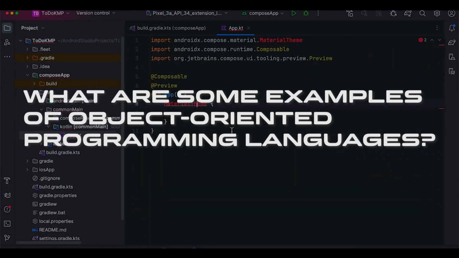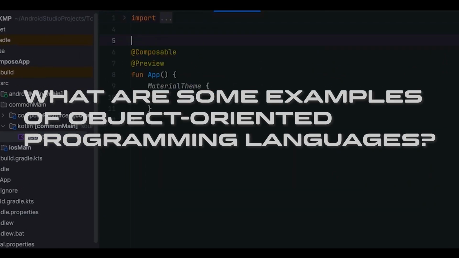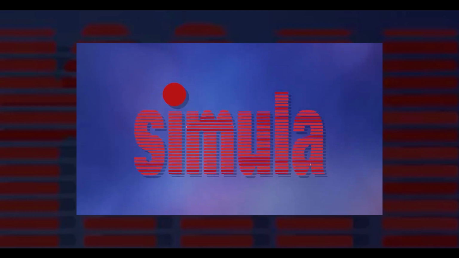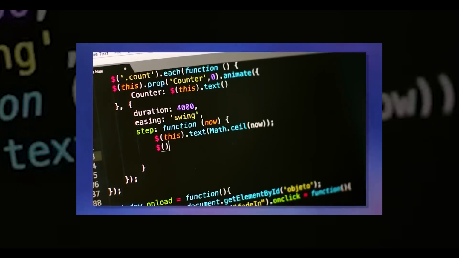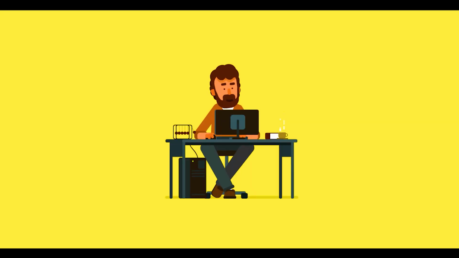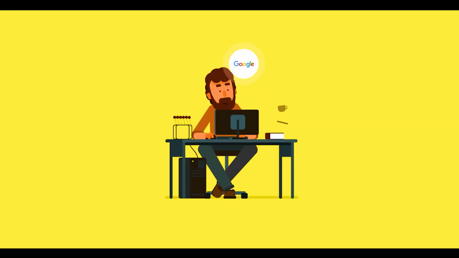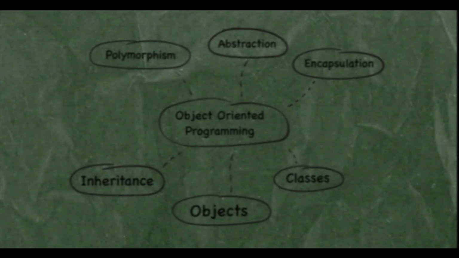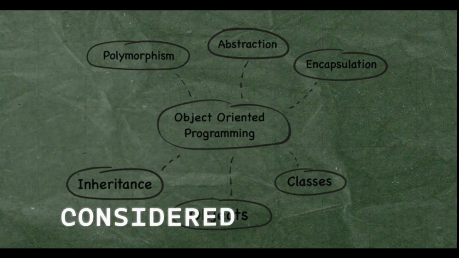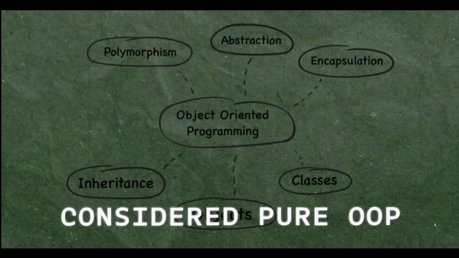What are some examples of object-oriented programming languages? Although Simula is considered the first object-oriented programming language, OOP, many other languages use OOP today. However, some programming languages combine with OOP better than others. For example, programming languages that are considered pure OOP treat everything as objects.